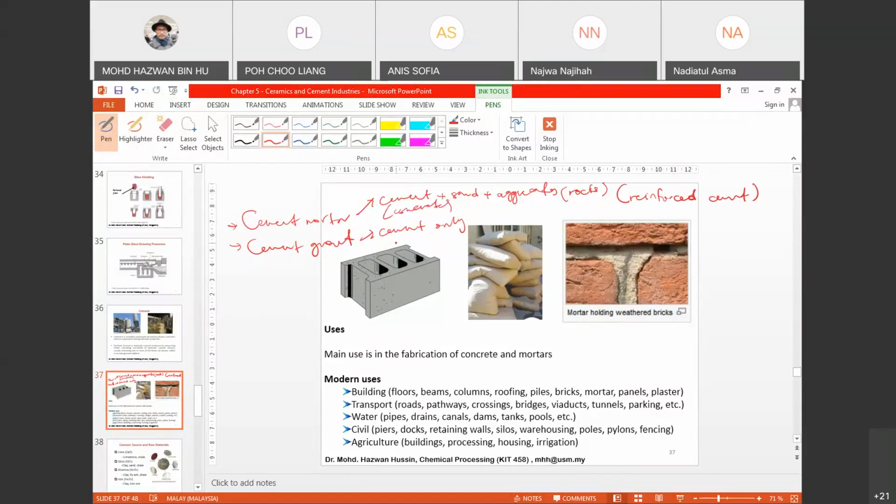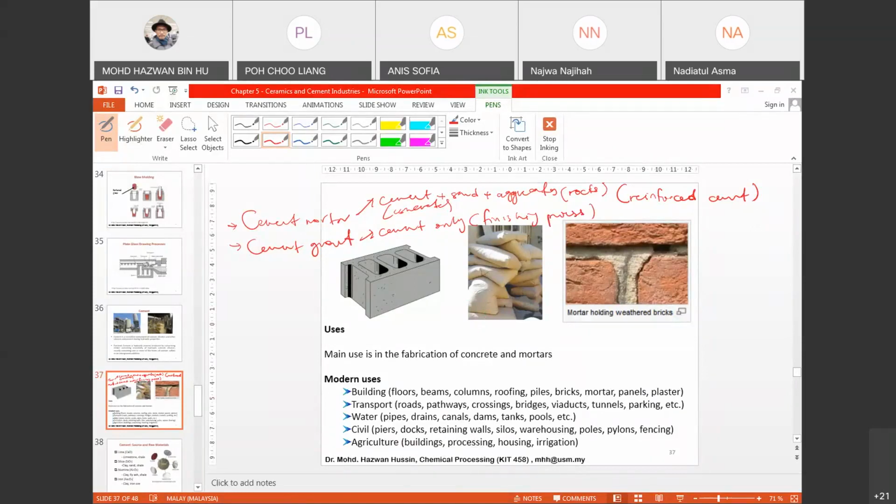Meanwhile, cement grout is actually used for the finishing process. Probably you've seen people when they do floor cement, masa dia buat lantai cement tu, they will only put cement and water.